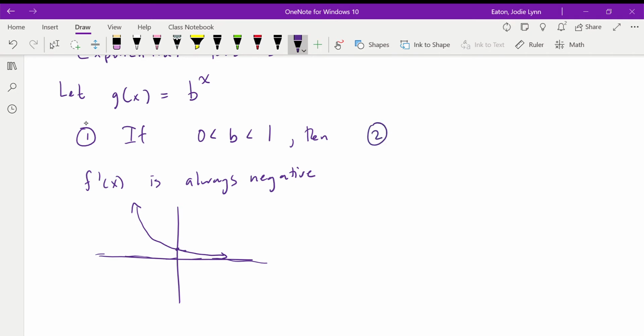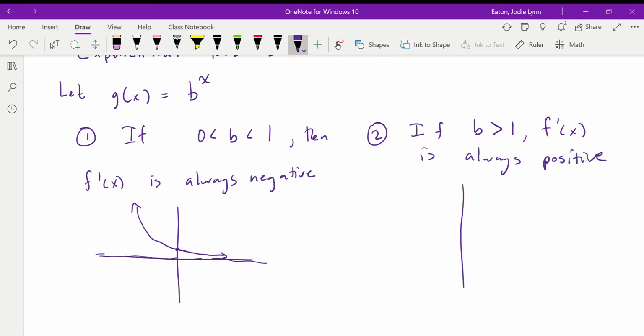If b is greater than 1, the slope of the tangent is positive. So f prime of x is always positive.